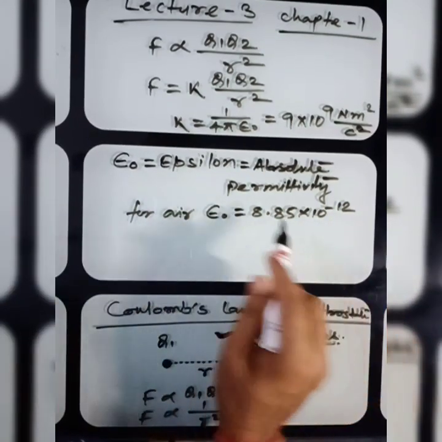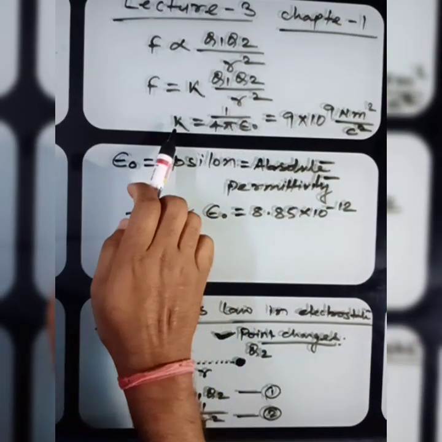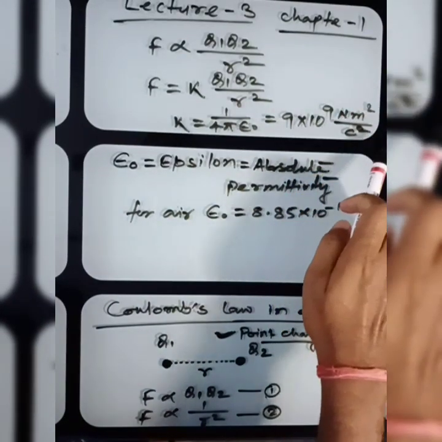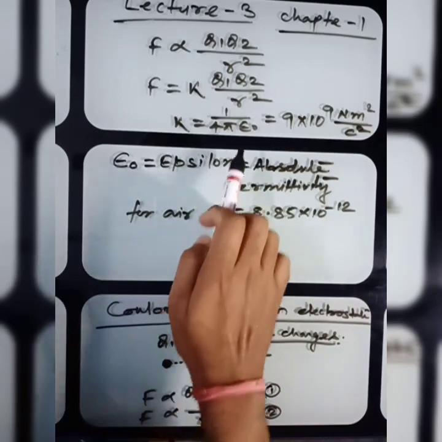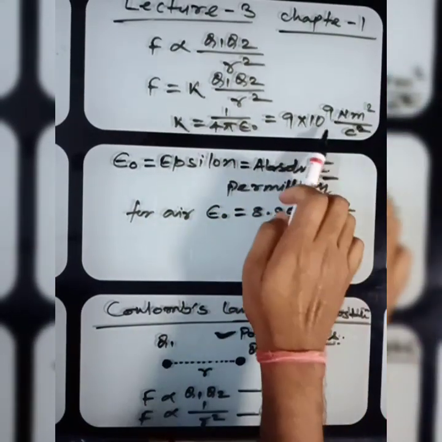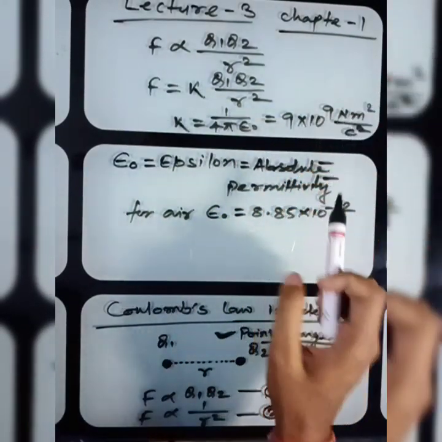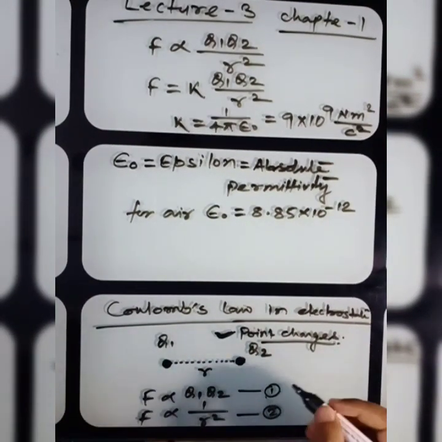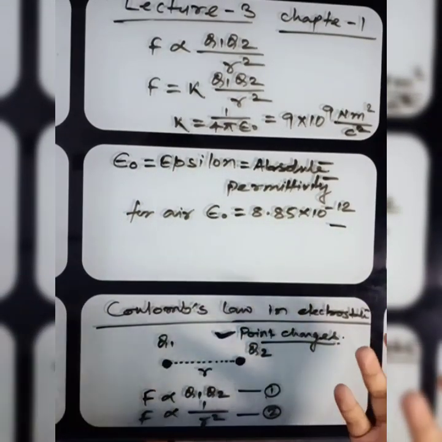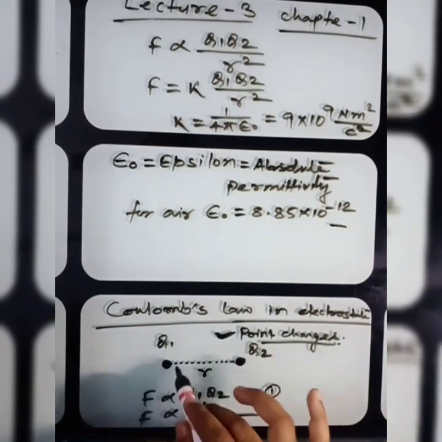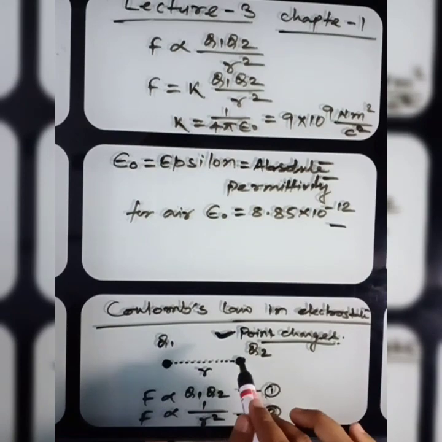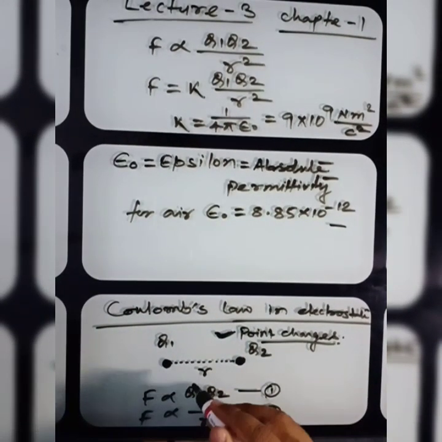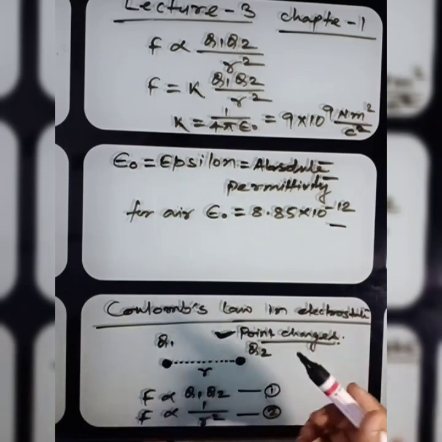I can help you. This epsilon naught is reciprocal to k. If the unit of k is Newton meter square per Coulomb square, then the unit of epsilon naught will be just the reciprocal, that is Coulomb square per Newton per meter square. So it is 8.85 into 10 to the power minus 12. If we introduce a medium between these two charges, later on we'll study it as dielectric, then the force will change.